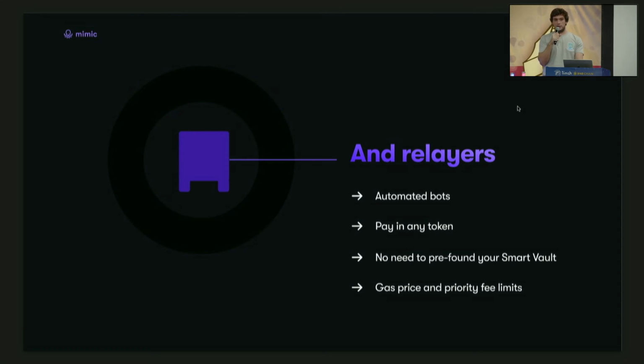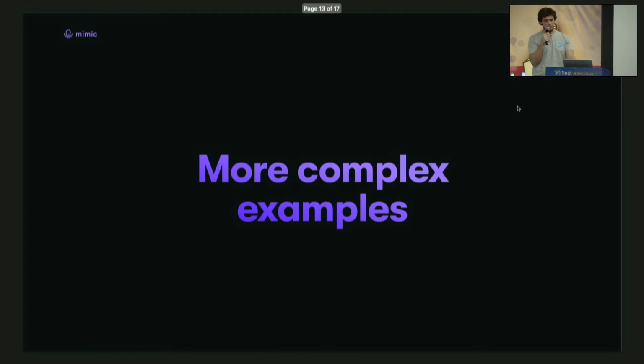You can specify all that to make sure someone else can execute that action on your behalf. The good thing is that you don't need to pre-fund your smart vault in order to do this. Our automated bots are going to use the tokens that are flowing through the action to pay for the gas transaction, and it's extremely easy to use.